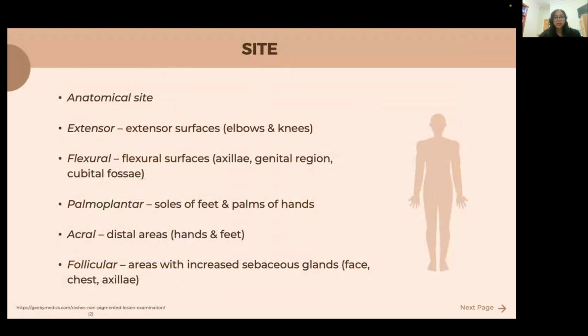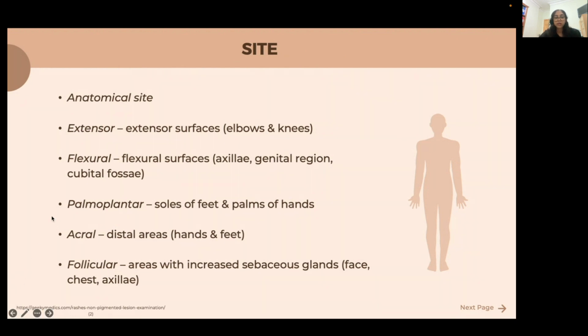Then we have the site of the lesion, so the anatomical site. Terms that we can use are extensor, so if it's on the extensor surfaces, typically the elbows and the knees. Flexural, so thinking about the flexural surfaces, including the axillae, the genital region, the cubital fossa.